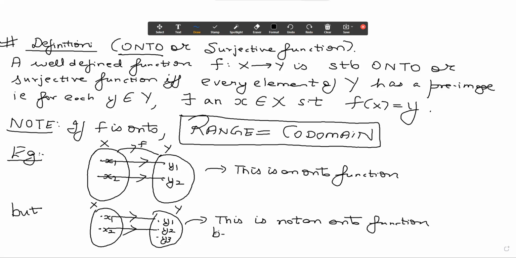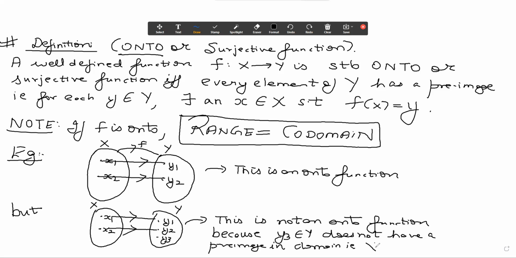Why? Because y3 belonging to the set y does not have a pre-image in the domain, that is set of x. You can see y3 is not receiving arrows from the set x. So this is not an onto function.